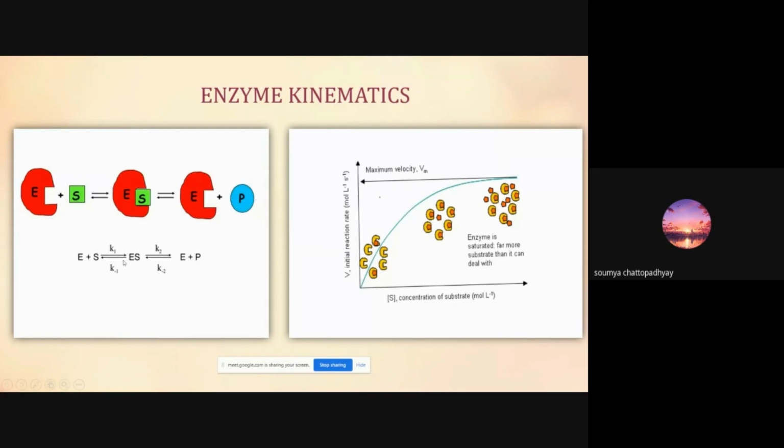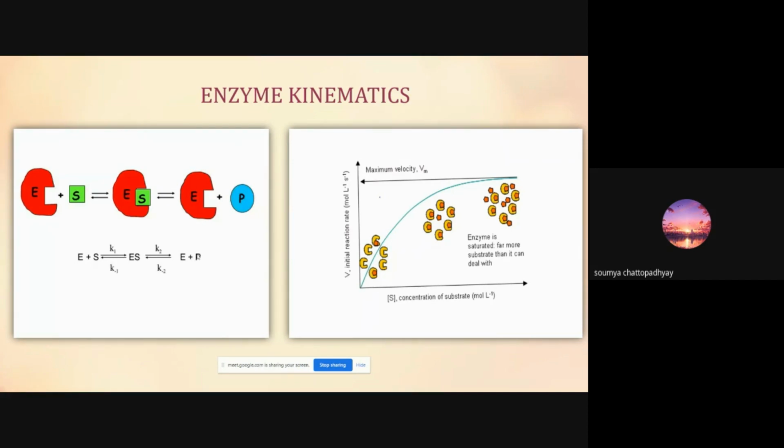Now to find out the rate of decomposition of ES, what are the things that is going to decompose it? Either it's going to go back to the E plus S, or it can go to the E plus P. So to find out the rate of this decomposition, we can add K minus 1 into the concentration of E plus S plus the K2 into the concentration of E plus P. So that's how you can also do the mathematical aspects.